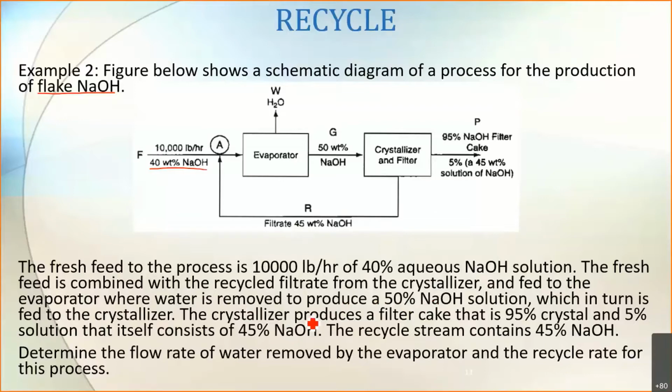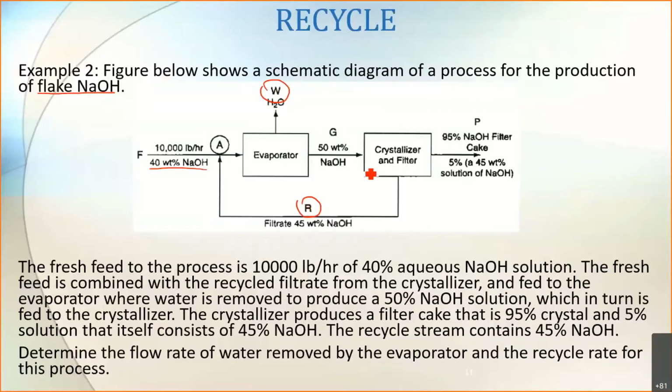The crystallizer produces a filter cake that is 95% crystal and 5% solution, that itself consists of 45% NaOH solution. The recycle stream contains 45% NaOH solution. To determine the flow rate of water removed by the evaporator, W, and the recycle rate for this process, so the R.